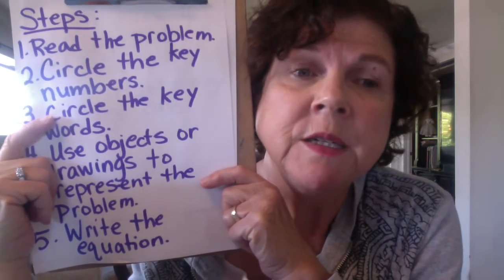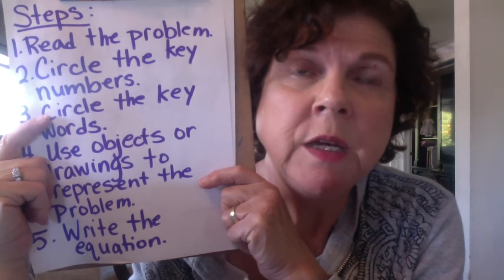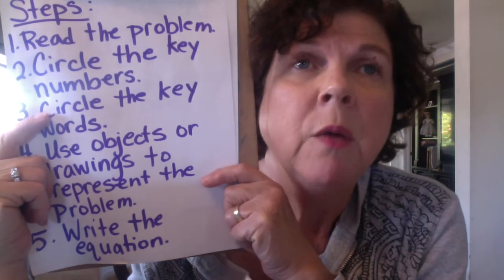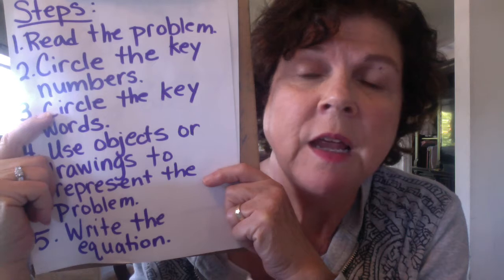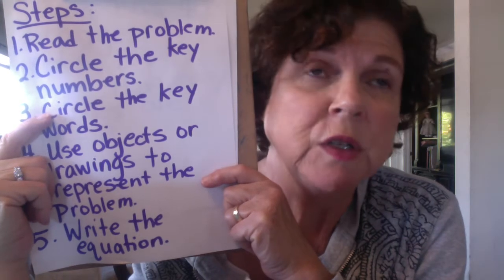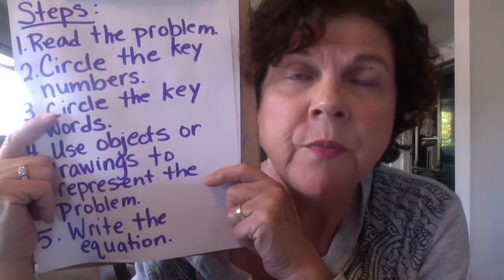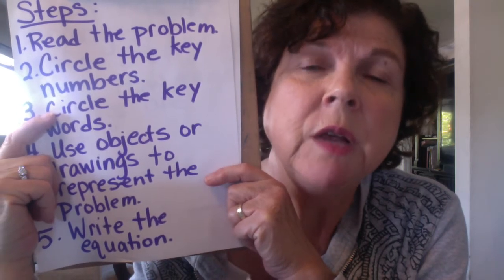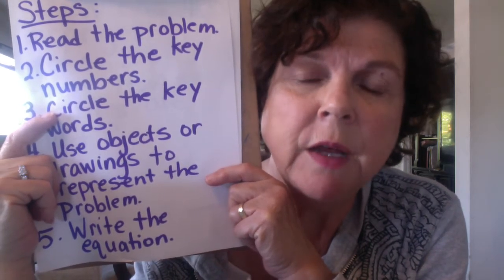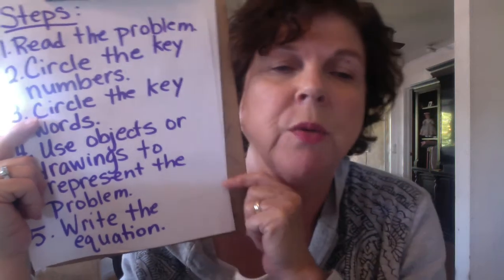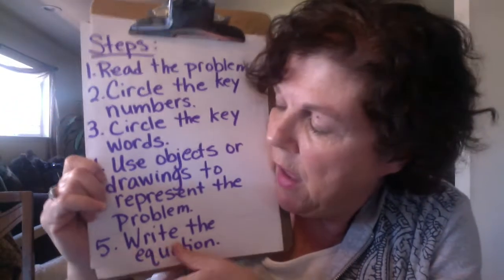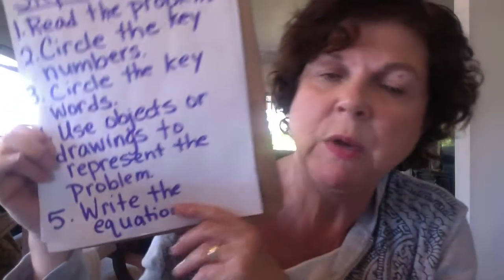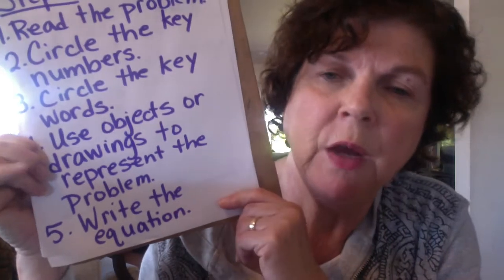For instance, if it talked about turtles, you wouldn't need to make a turtle with its head and eyes and legs and all that. You could just do a circle for the turtle. But you would want to make a nice enough circle so that it's clear it's representing one of the turtles, okay? All right, and then number 5 is we write the equation.